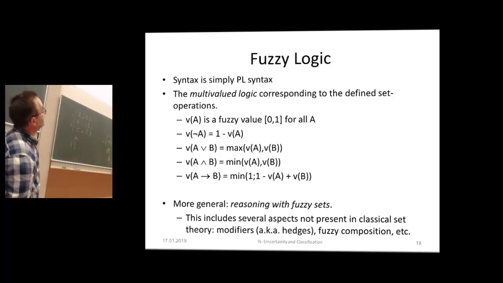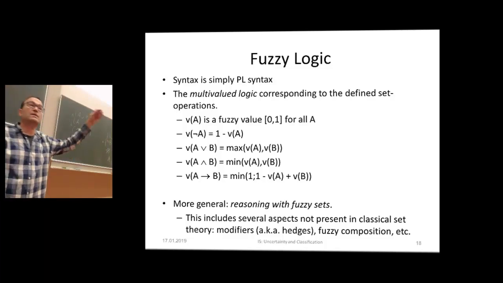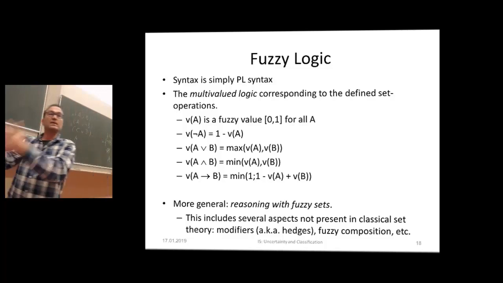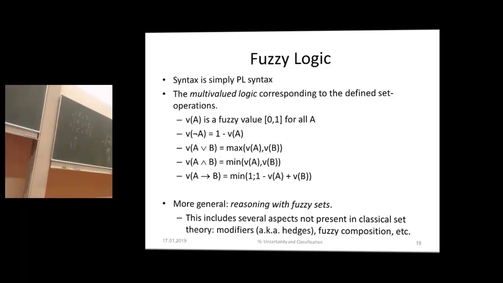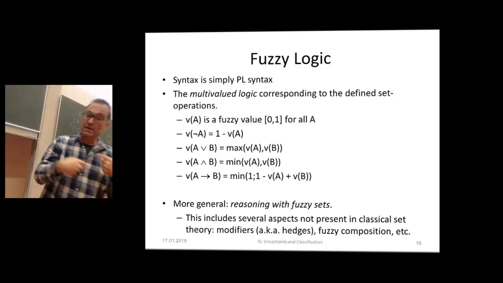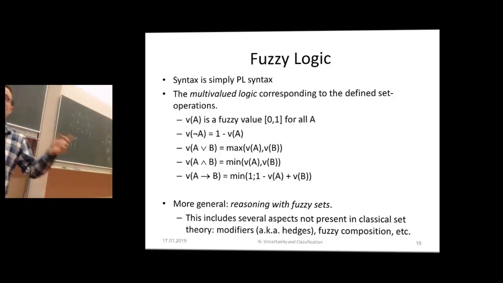So first I assign a fuzzy value to the individual propositions. And then if I have a negation in front of an atom, then I just calculate the value of this negated value as 1 minus the interpretation of this atom. If I have a disjunction, I just take the max of the two values. If I have a conjunction, I take the minimum of the two values.